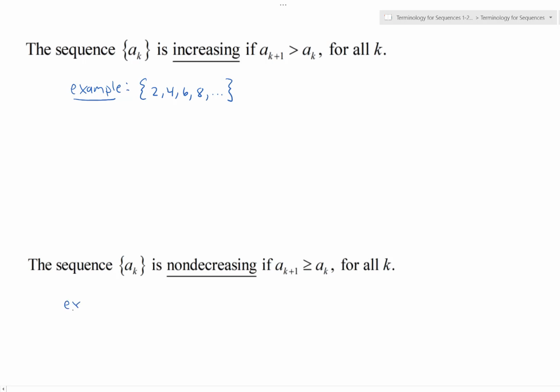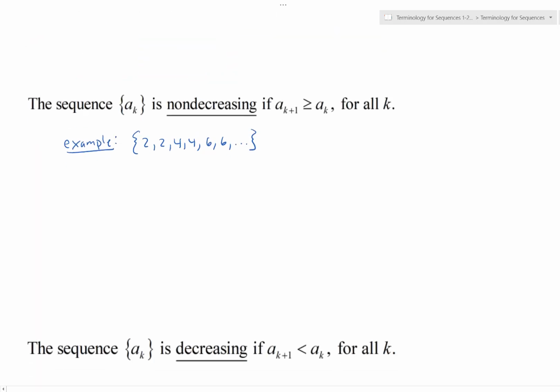As an example, take the same kind of example we looked at in the previous one, but write 2, 2, 4, 4, 6, 6, etc. Then each term is always bigger than or equal to the previous term in the sequence. So the difference is you can be equal to the previous term in non-decreasing, just can't be smaller, whereas increasing has always got to be bigger than the previous term.